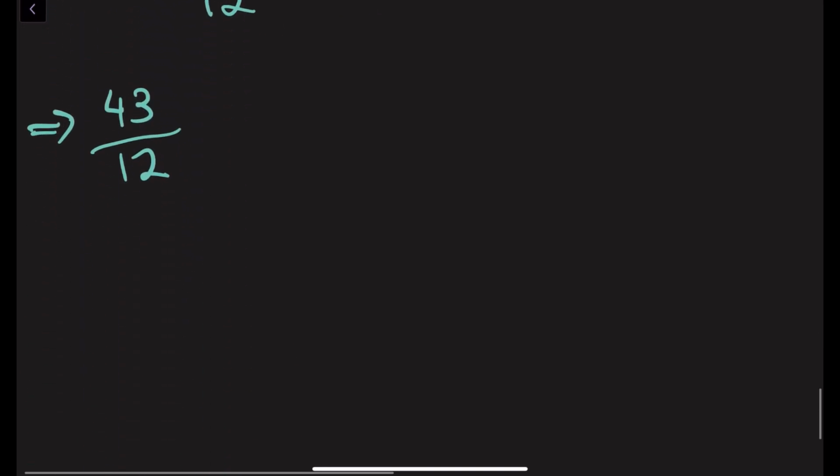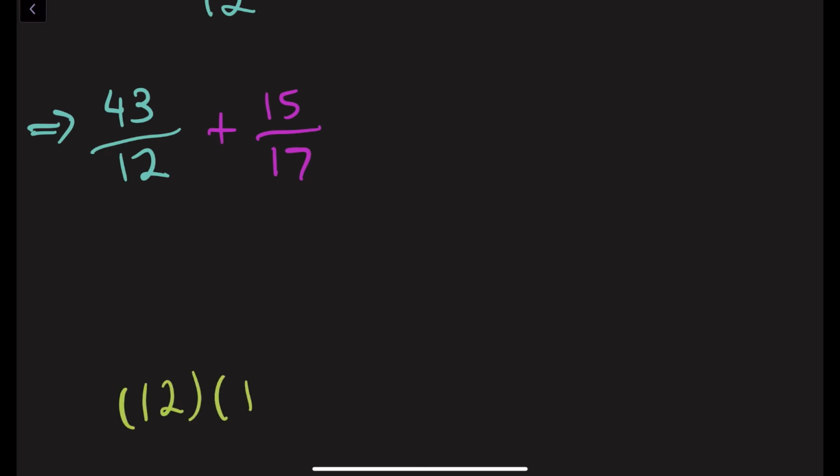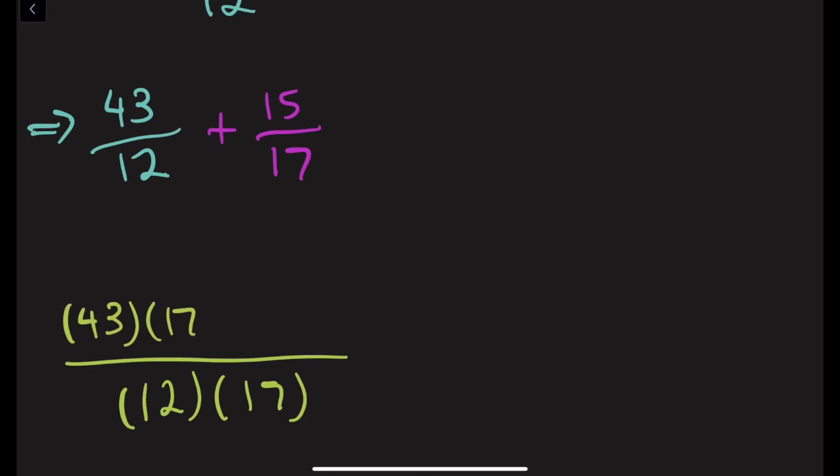But now we have to add 15 over 17 to our sum. To get our final result, we write this here, and yet again we apply the same formula. We'll have 12 over 17 in the denominator, and the numerator will have 43 times 17 plus 15 times 12.